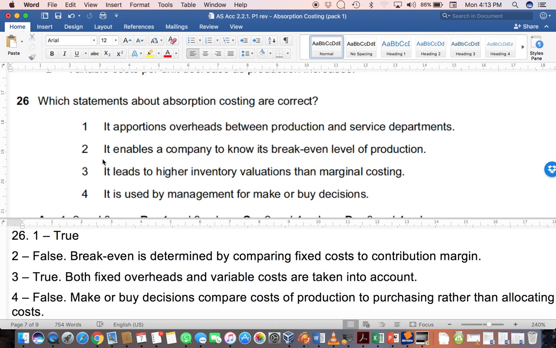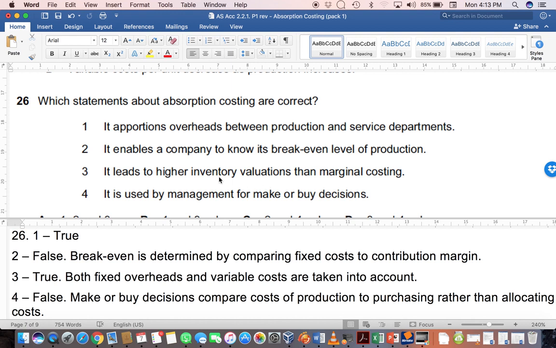Number 2, it enables a company to know its break-even level of production. No, this is false. The break-even is determined by comparing your fixed costs to the contribution margin and has nothing to do with absorption costing. Number 3, it leads to higher inventory valuations than marginal costing.